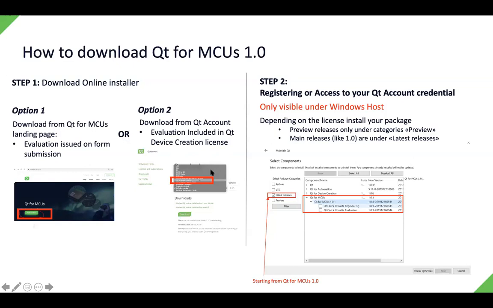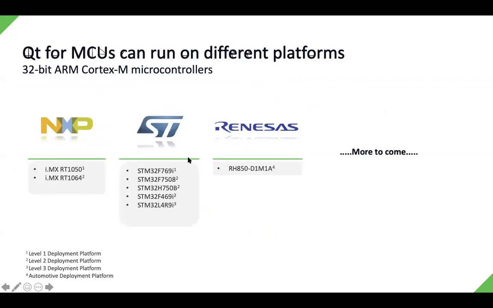Once you have the installer, install the Qt for MCU package, because you will be granted an evaluation license as soon as you apply for a Qt for MCU trial evaluation from our website.